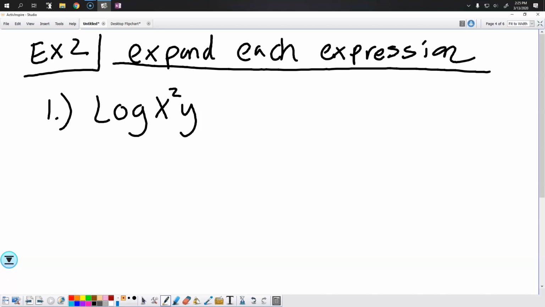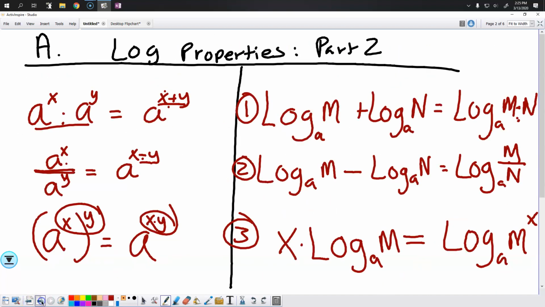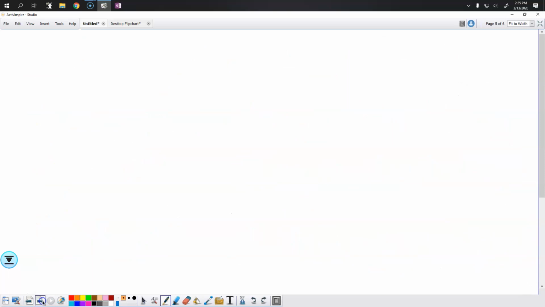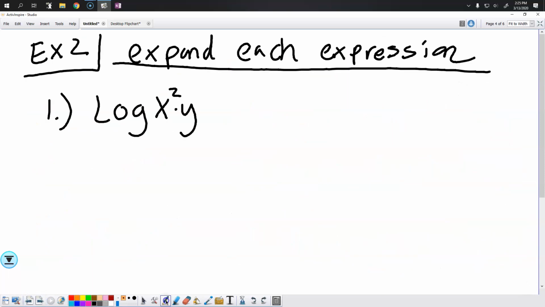Okay, so guys, I have two things being multiplied together here. What rule? Now, when you're looking at it this time, you got to look at the other side. Let me back up a little bit. When you're looking at this, which of these involves two things being multiplied? 1, 2, or 3? 1. So that's a rule 1 there that we're looking at. It's just we're starting on the other side. So the first thing we're going to do is split that up into two separate logs that are being what?